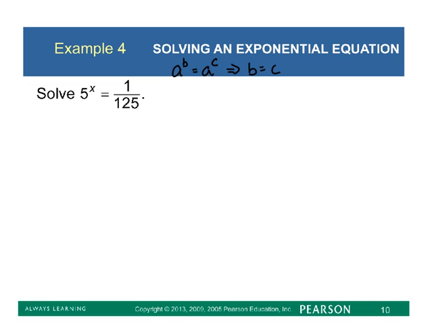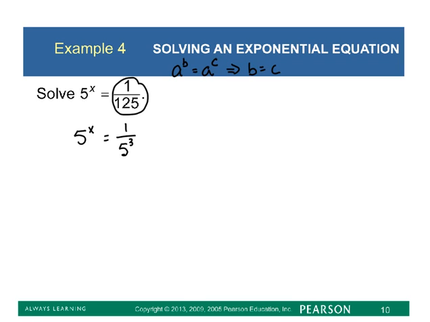So for this equation right here, what we're going to do is make our bases the same. 5 to the x is going to stay the same, but for this side of the equation, we can make 1 over 25 into 1 over 5 to the third.